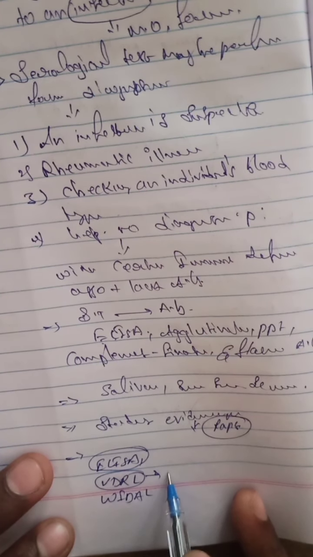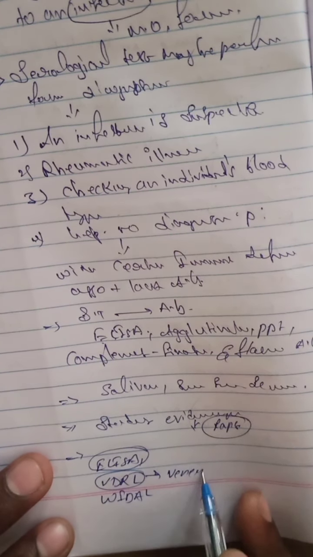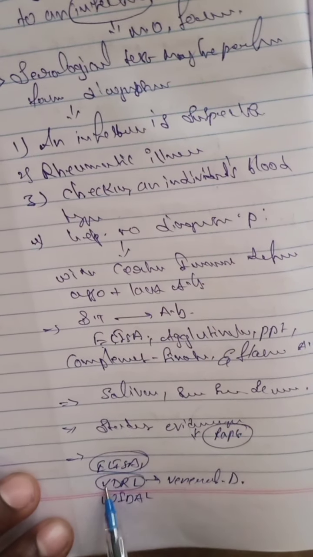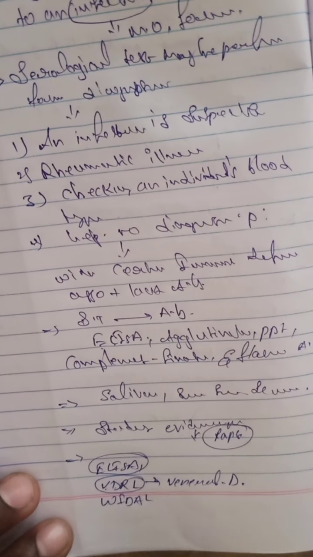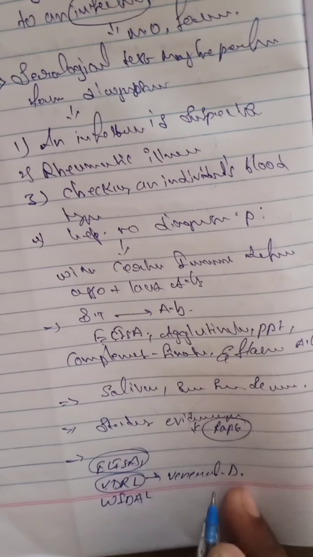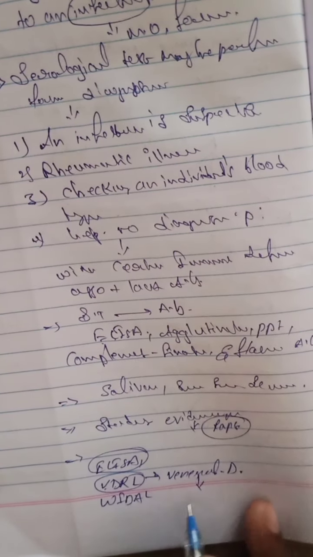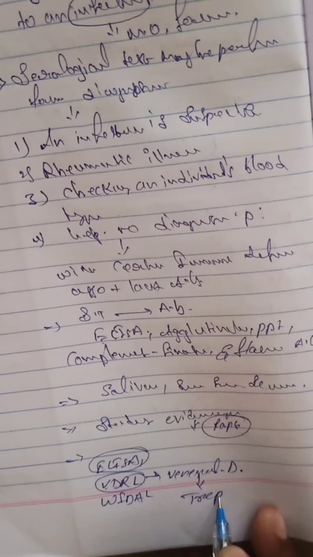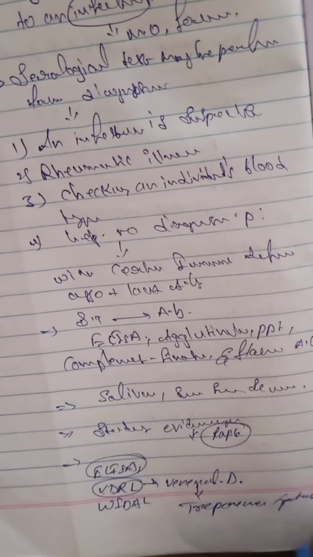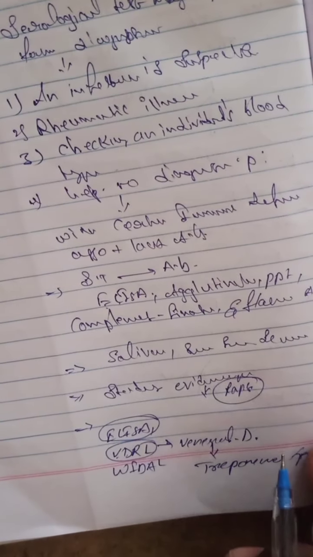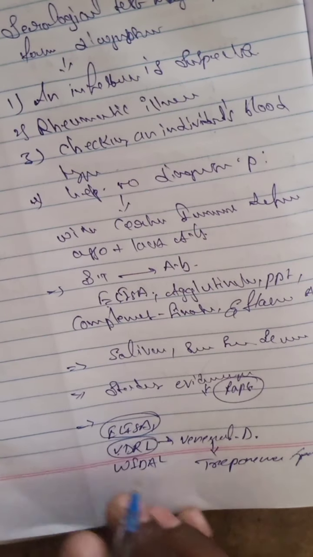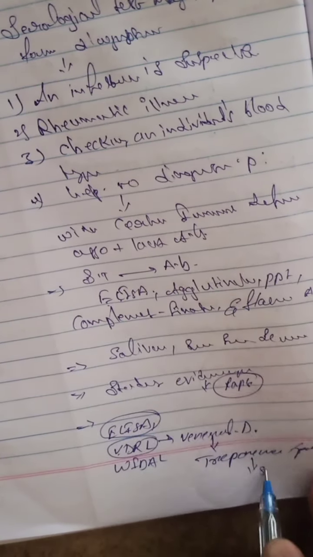VDRL means Venereal Disease Research Laboratory test. It is mainly used in the determination of Treponema pathogens. The VDRL test is a serological test.